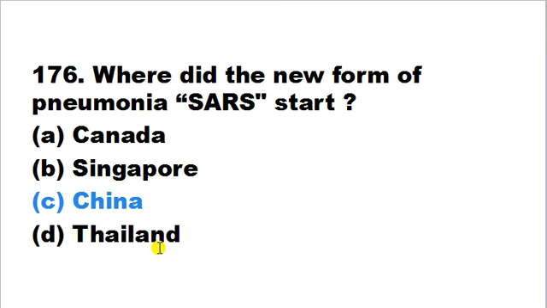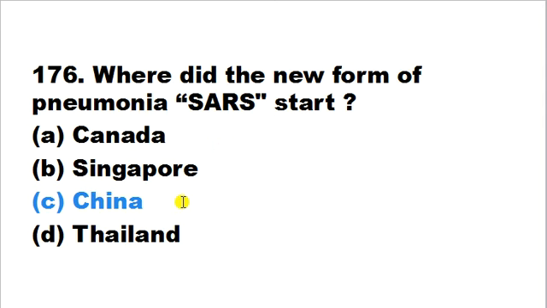Once again, we understand SARS is a severe acute respiratory syndrome that is found in our lungs, and it is an advanced form of pneumonia, and that is caused by the coronavirus. So here SARS started from China.